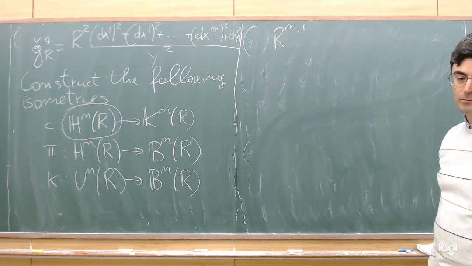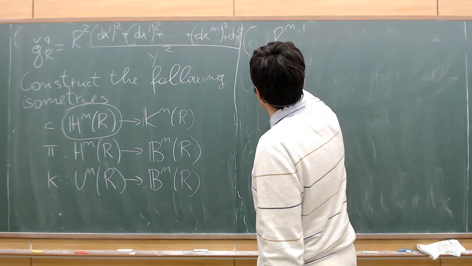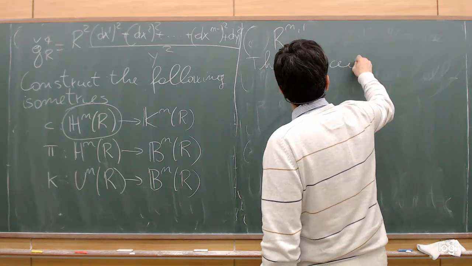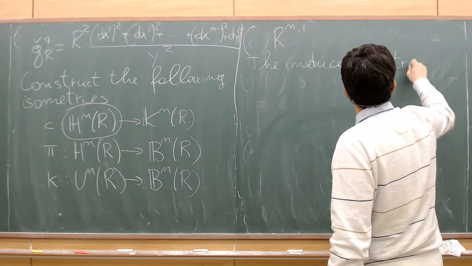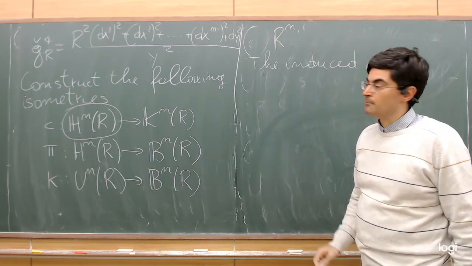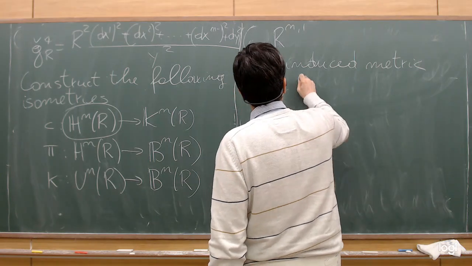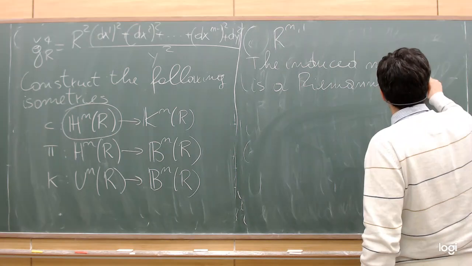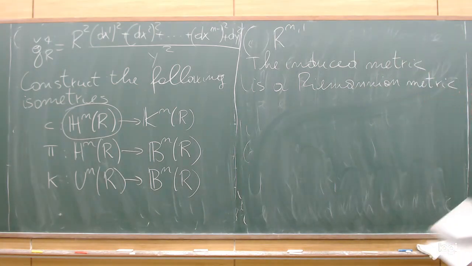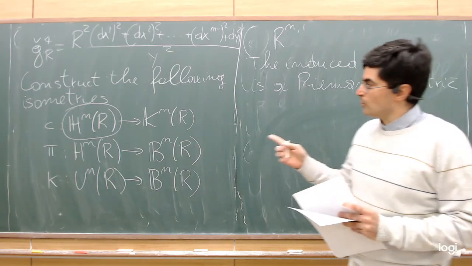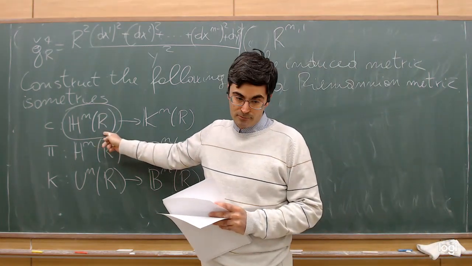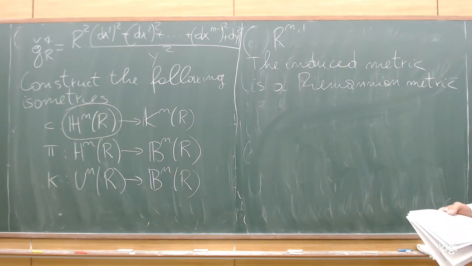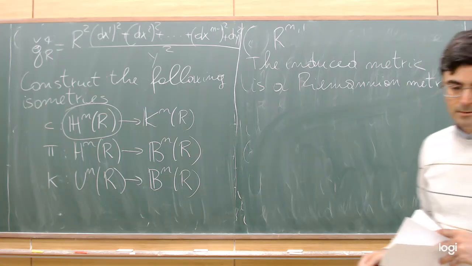So the first step of the proof of the theorem is to show that the induced metric is not a pseudo-metric, but is a Riemannian metric, because we want this to be a Riemannian manifold. Let's stop here. Thank you for your attention.